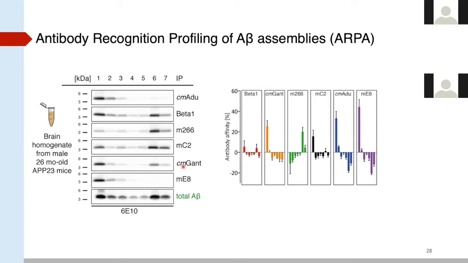So these are basically the results that you see on the left-hand side, but quantified. Beta 1 would look like the total A beta amount, and that's the reason why we don't have any peak anywhere, whereas aducanumab has a straight peak in the high molecular weight fractions.